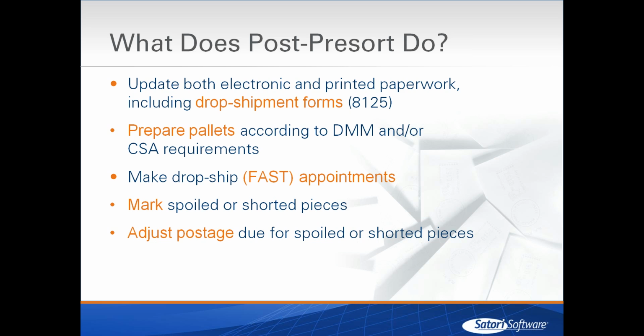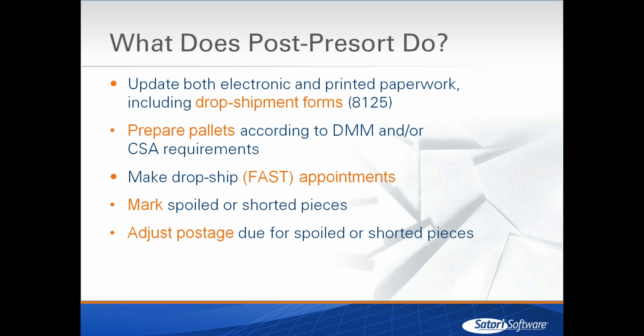Also, if there's anything that happens that basically makes it so that there aren't as many pieces in the mailing than what you actually intended to ship. So, for example, if there were some misprints that happened while you were processing that mailing, or maybe you thought you had 50,000 pieces to mail, but you really only had 45,000, then you may have what they call either spoilage or shortage.